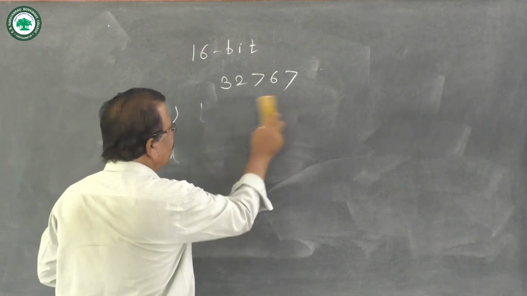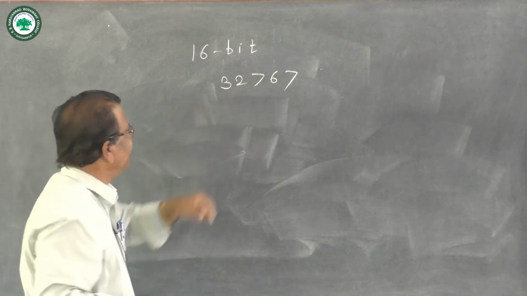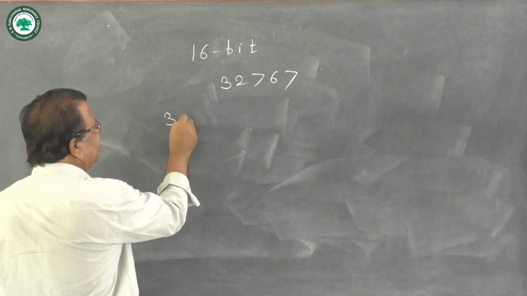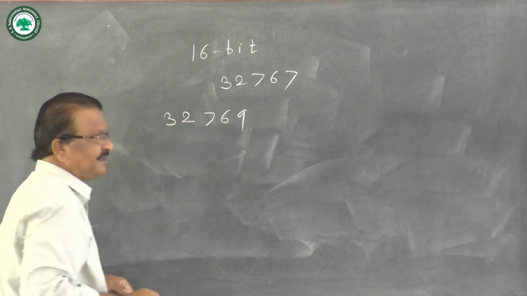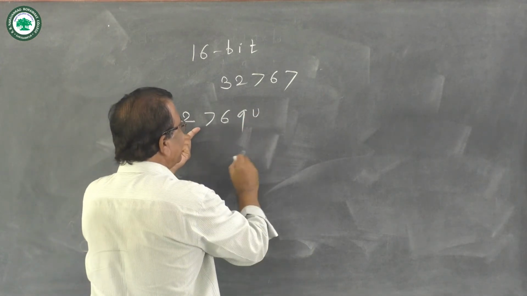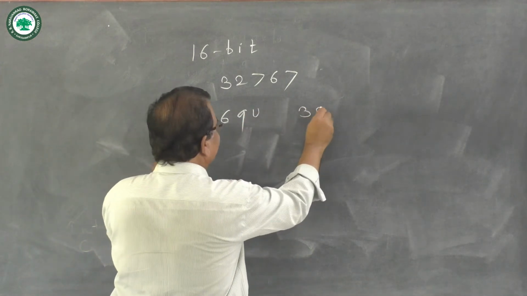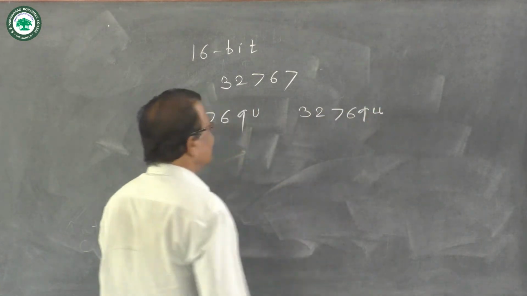Suppose I want to store 32769, then I have to append a qualifier, namely uppercase U or lowercase u, like 32769u.